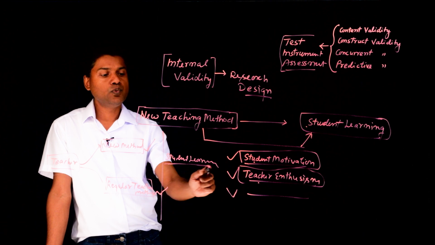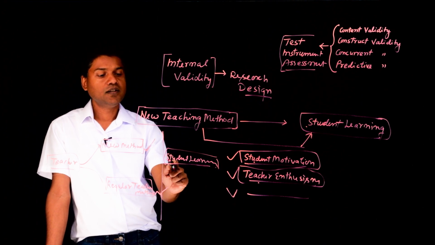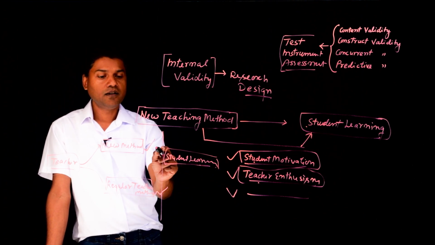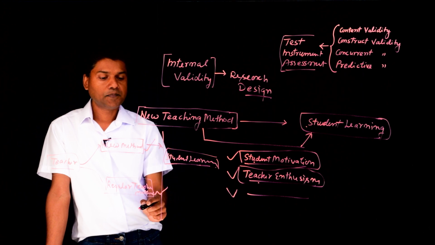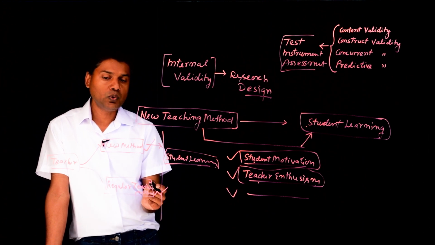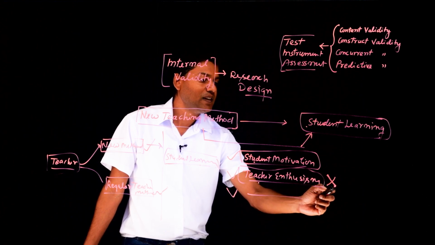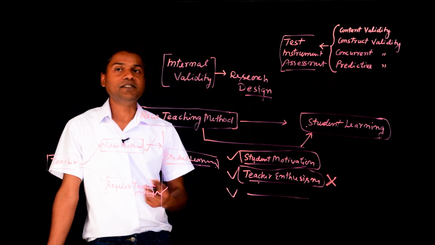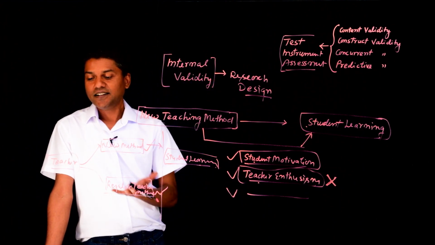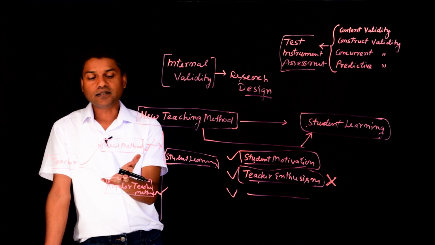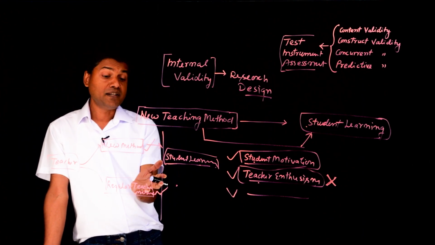And now, if we see a change in student learning here, then what would we conclude? We can clearly say that teacher enthusiasm is not implicated here because the teacher is the same, right? The same teacher is teaching two classes using two different methods.